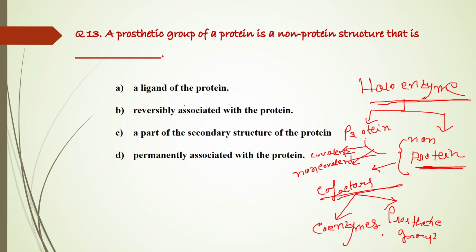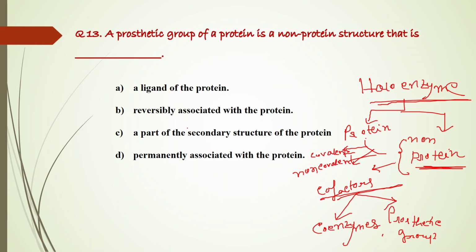The first option is a ligand of the protein. It is not a ligand for the protein. Is it reversibly associated with the protein? No, it is actually a permanent part of the protein. Is it a part of the secondary structure of the protein? No, because they are non-protein parts, some kind of small organic molecules or metals, and they cannot have secondary structures.